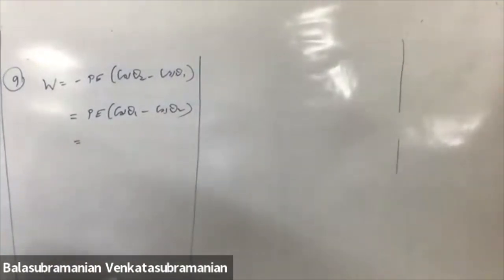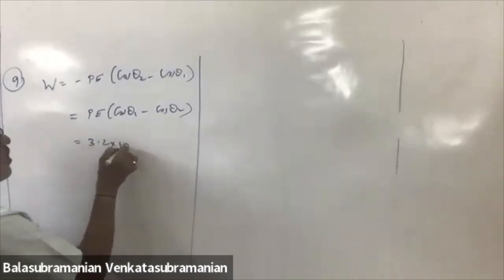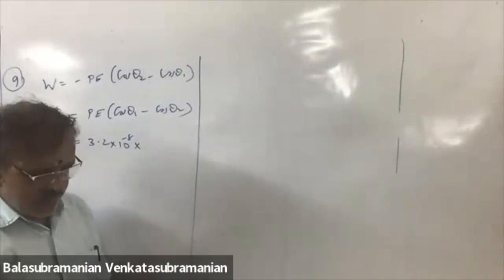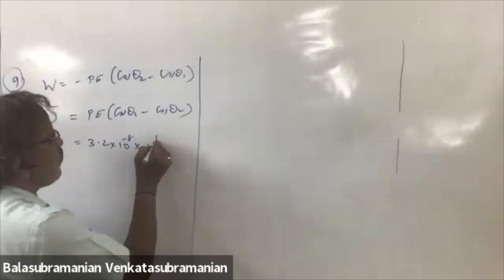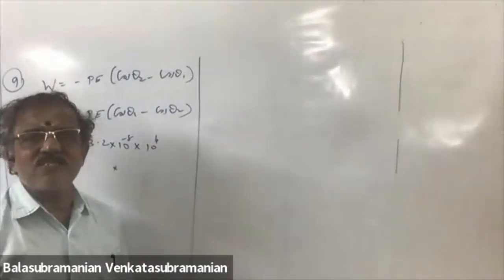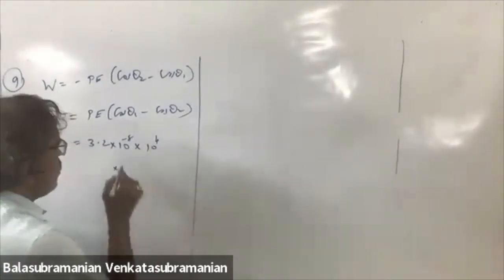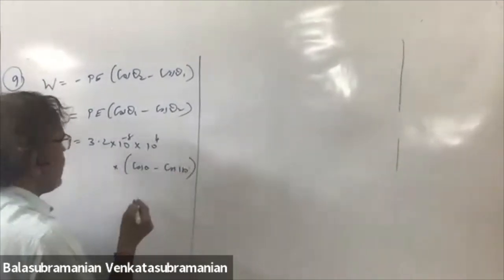What is dipole moment? 3.2 into 10 power minus 8 coulomb meter. Then electric field is 10 power 4. Stable equilibrium at rest. Unstable equilibrium rotated fully. So cos 0 minus cos 180.